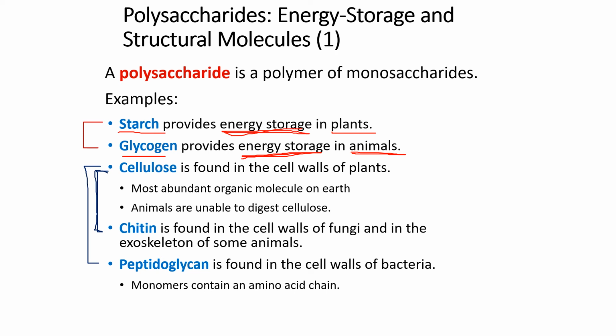Alright, so that leaves us with cellulose and chitin. You do say that like a K, even though there's a CH. Cellulose is in the cell wall of plants. It's very structural, and it's basically fiber.